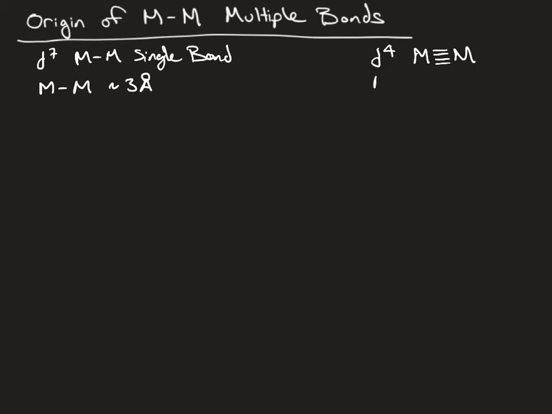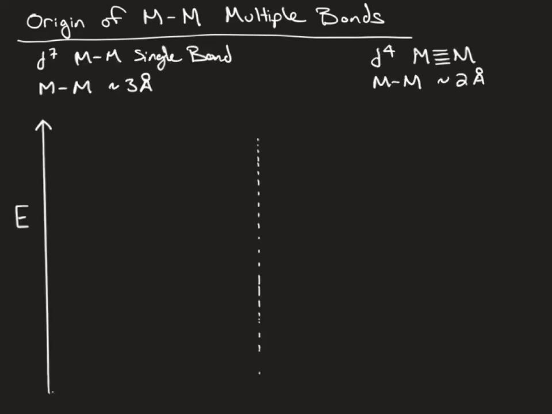And these have short metal-metal distances that are on the order of about 2 angstroms, give or take 0.2 of an angstrom. Both of these have a metal-metal sigma bond formed from dz squared overlap. Where these two differ is in their ability to form strong pi and delta bonding interactions.